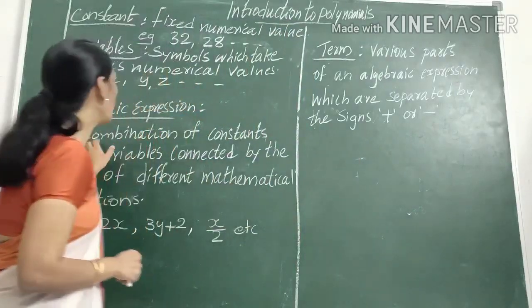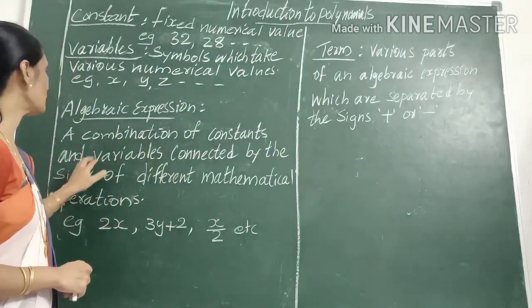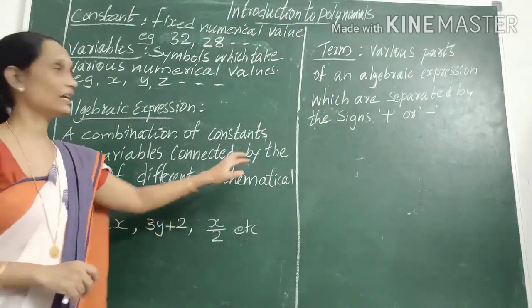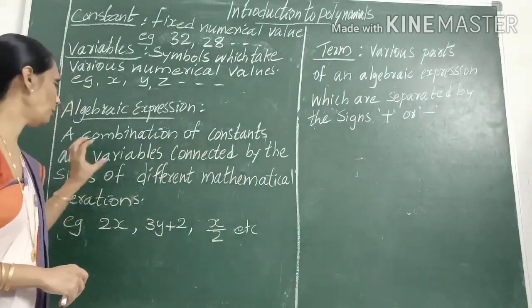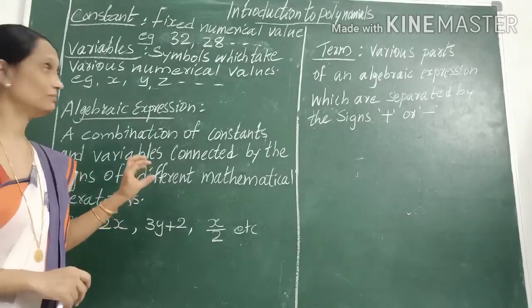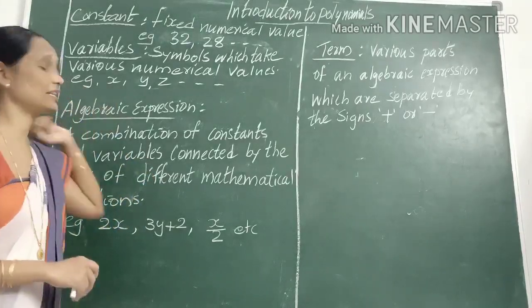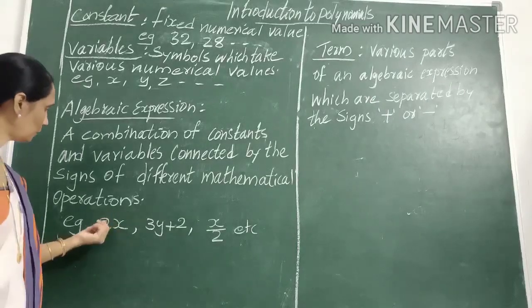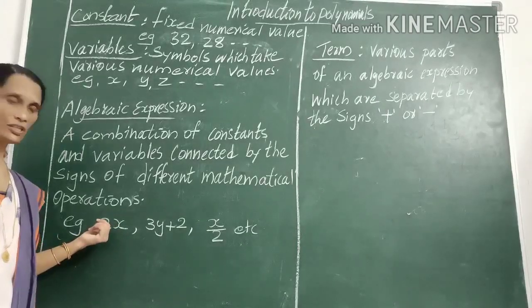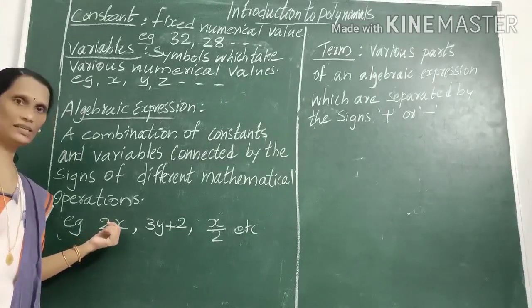A combination of constants and variables connected by the signs of different mathematical operations is called an algebraic expression. So here in 2x, 2 is a constant term and x is a variable.